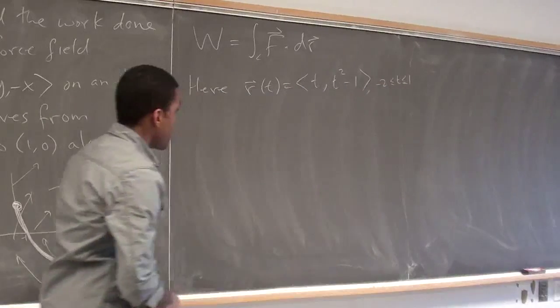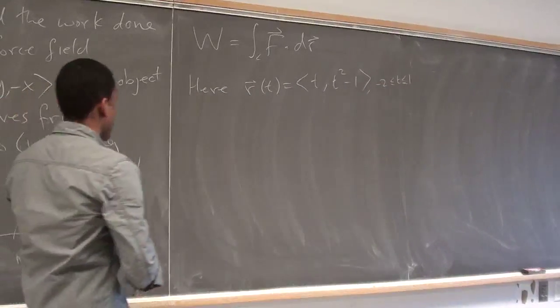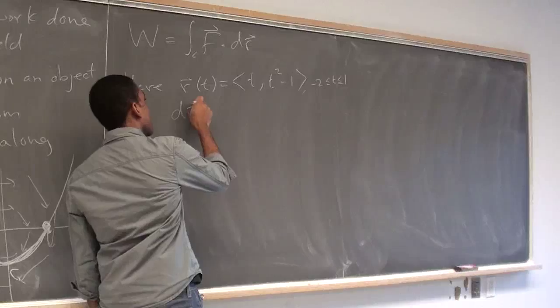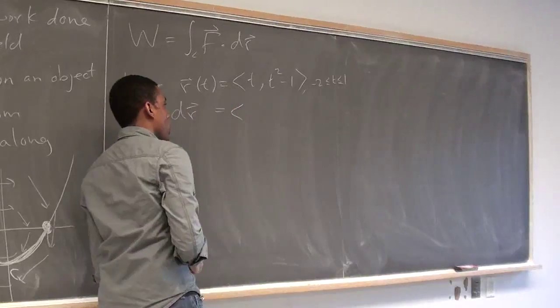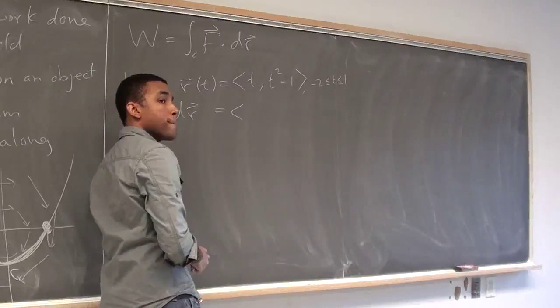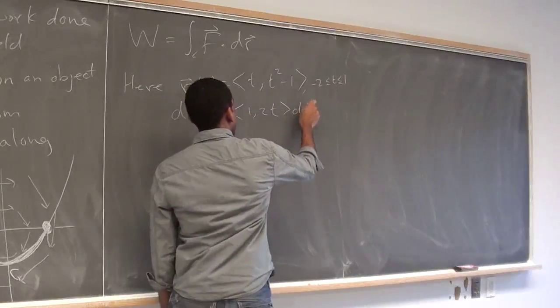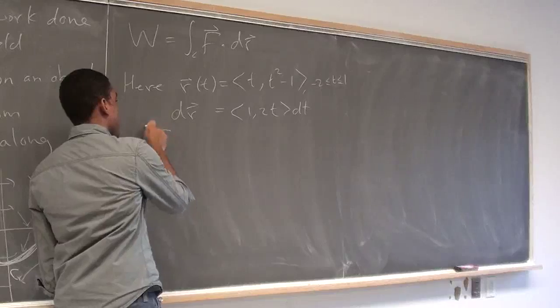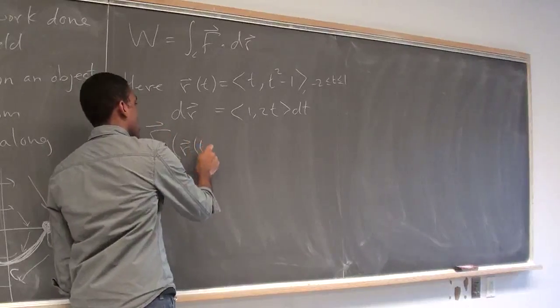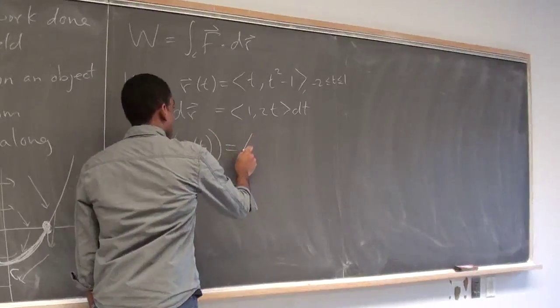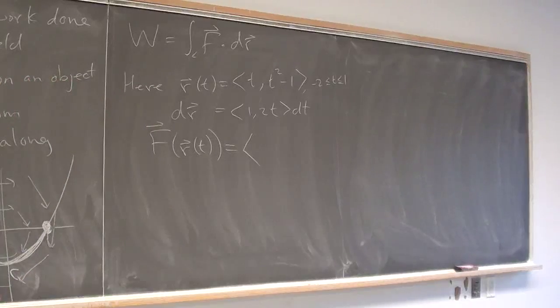So t goes from -2 to 1, and then we're going to find the dr, which is going to be what? (1, 2t) dt, and we can find the F of r(t), which means you go to the F and plug in the parameterization.